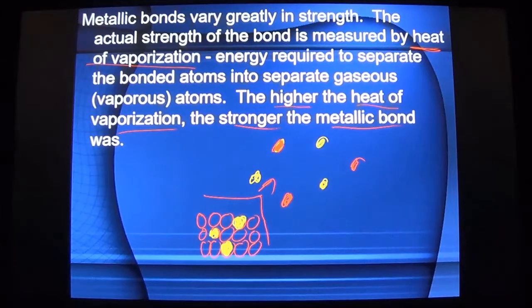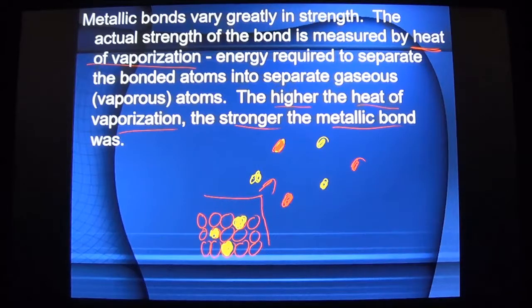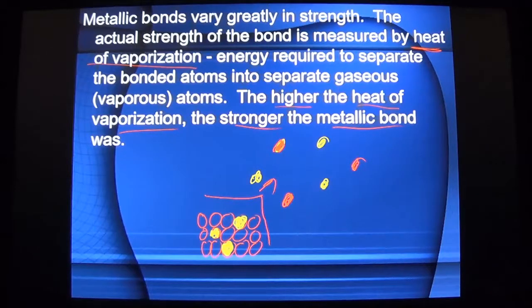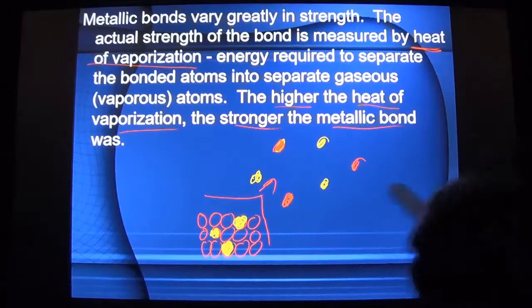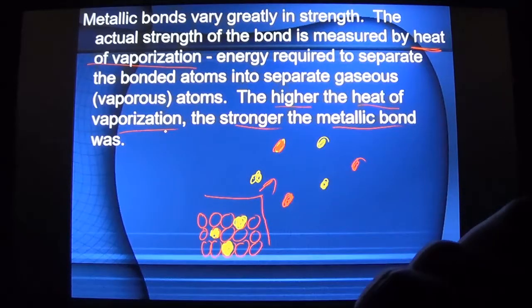Now, I really hope you've caught that. We have three ways of measuring the strength of a bond. For ionic, it was the lattice energy, and the higher the lattice energy, the stronger the bond. For covalent, it was bond energy. The higher the bond energy, the stronger the bond, also the shorter. For metallic bonds, whether they're strong or weak, hard to generalize, but if the heat of vaporization is high, we have a stronger bond.